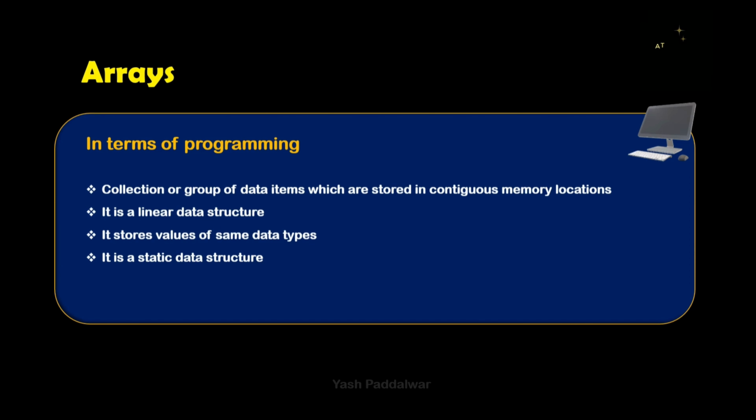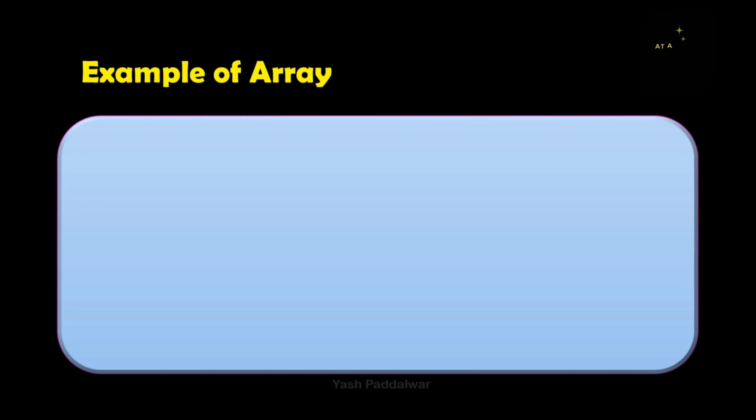Static means that the memory size allocated to the data structure is fixed and cannot be modified during runtime. For example, if we declare an array of size 10, then we cannot change the size of the array during runtime. We cannot store more elements than the size of the array during runtime.